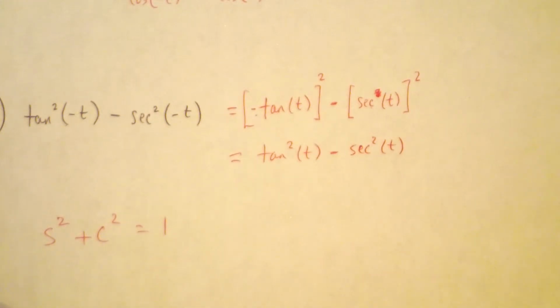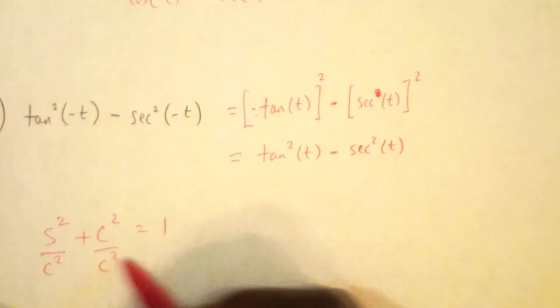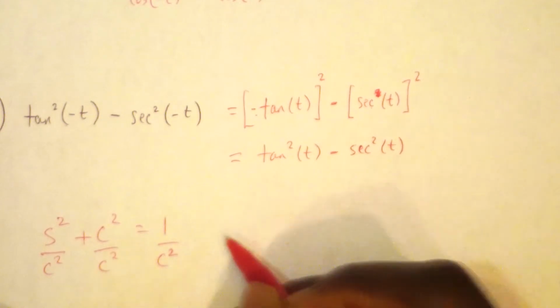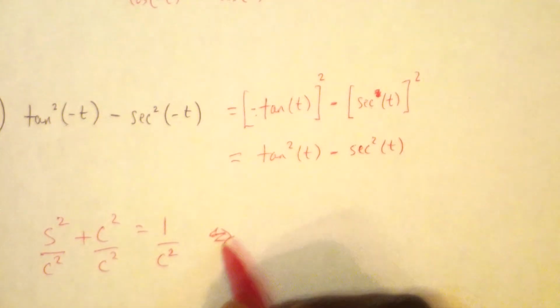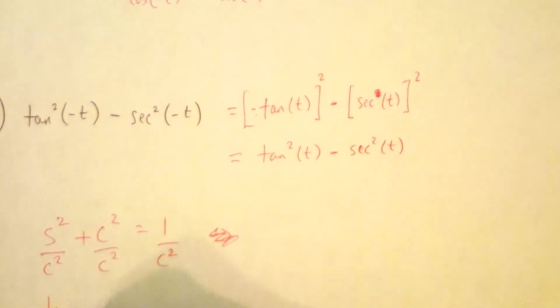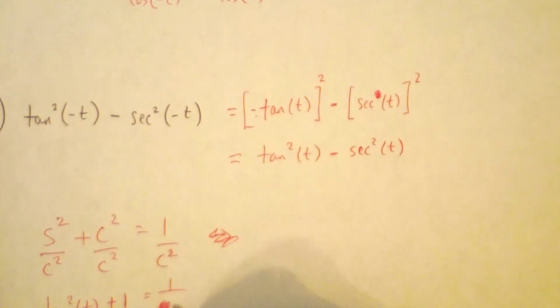I'm going to choose to divide both sides by cosine squared. If we do that, this ends up giving us tangent squared of t plus 1 equaling 1 over cosine squared, which in this case is secant squared of t.